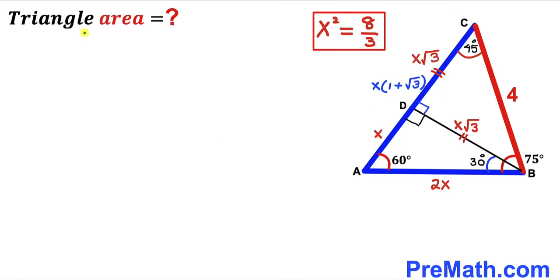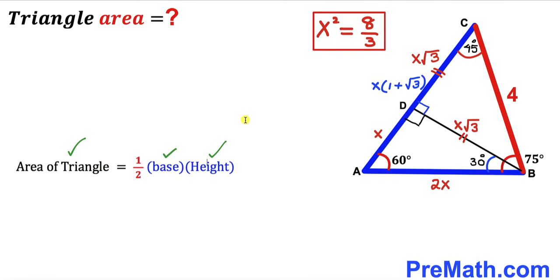And here's our final step. Now we are going to calculate the area of this triangle ABC. Let's recall the area of a triangle formula. Area is always equal to a half times base times the height of the triangle. In our case, the base of this triangle ABC is x times 1 plus the square root of 3, whereas the height of this triangle is x times the square root of 3.